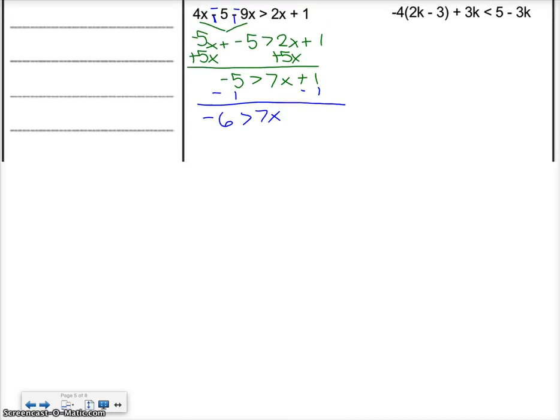Move your 7. Negative 6 over 7 is bigger than x, which means x is smaller than negative 6 over 7. That's how I would say it for corrections. If negative 6 over 7 is bigger, then x is smaller.